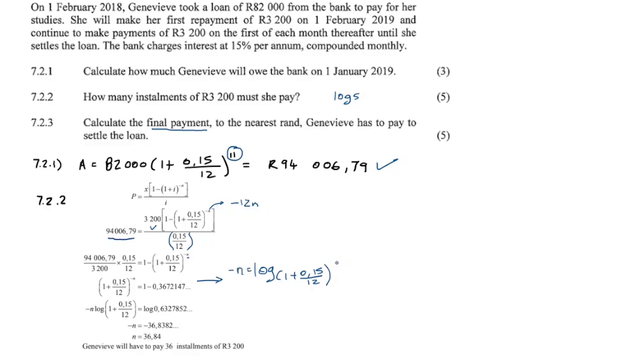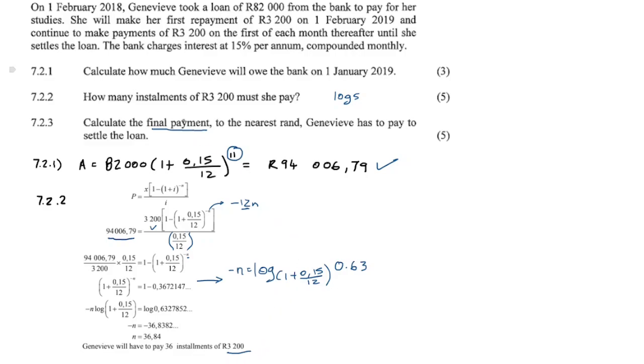And the other number, which I'm just writing in very summarized form, would go there. You'd punch that in and you end up getting 36.84. In their case, months. In my case, I might have had an answer that I'd need to divide by 12 because I had my 12n, but we'd end up at 36.84 months. And so she'll have to make 36 payments of exactly 3,200.